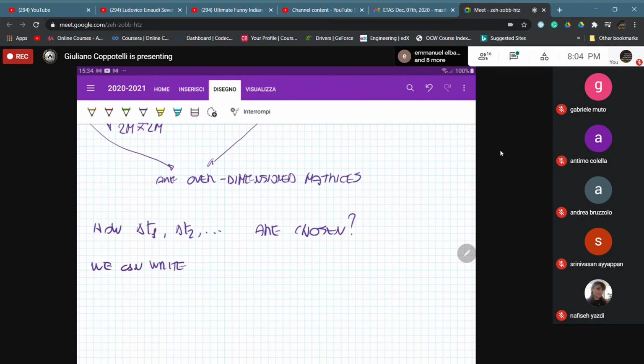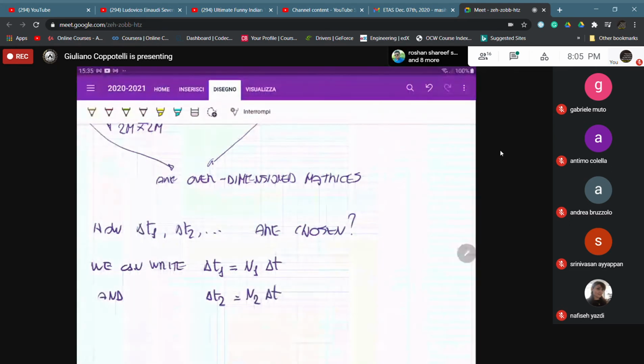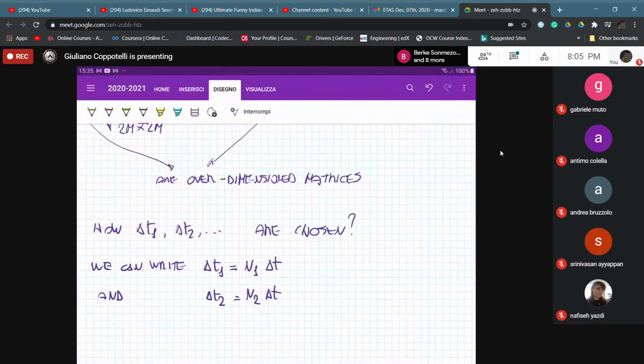So let's say N1 delta T, and delta T2 is equal to N2 delta T. So let me characterize these additional time shifts, delta T2, 3, and 4, as just one delta T2.